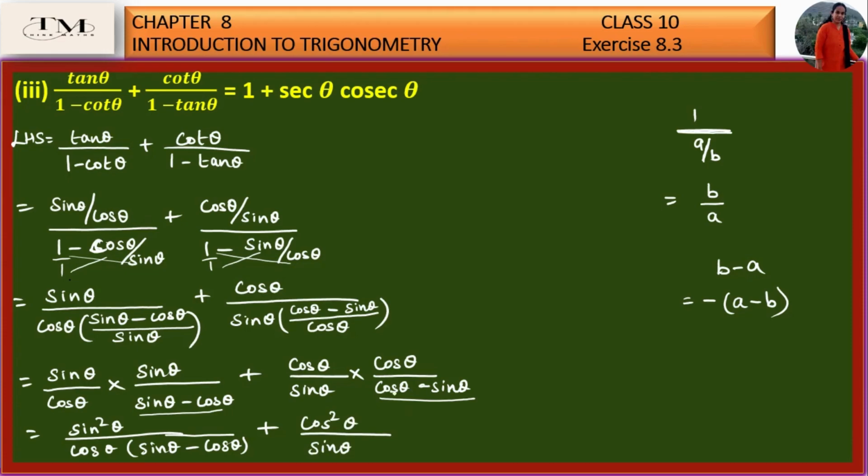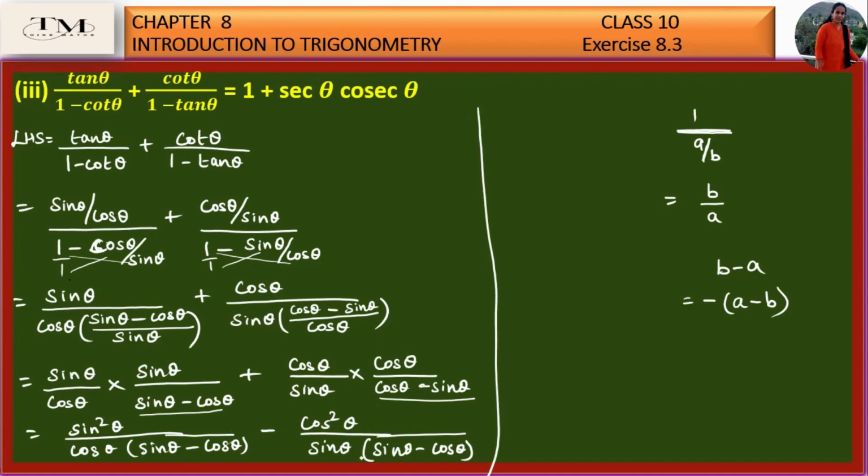In this step, B minus A is going to be written as minus of A minus B, so A minus B, which is sin theta minus cos theta. This negative sign I am going to write here. If you write it here, it will not change. So it is minus cos square theta by sin theta into sin theta minus cos theta. Okay children.